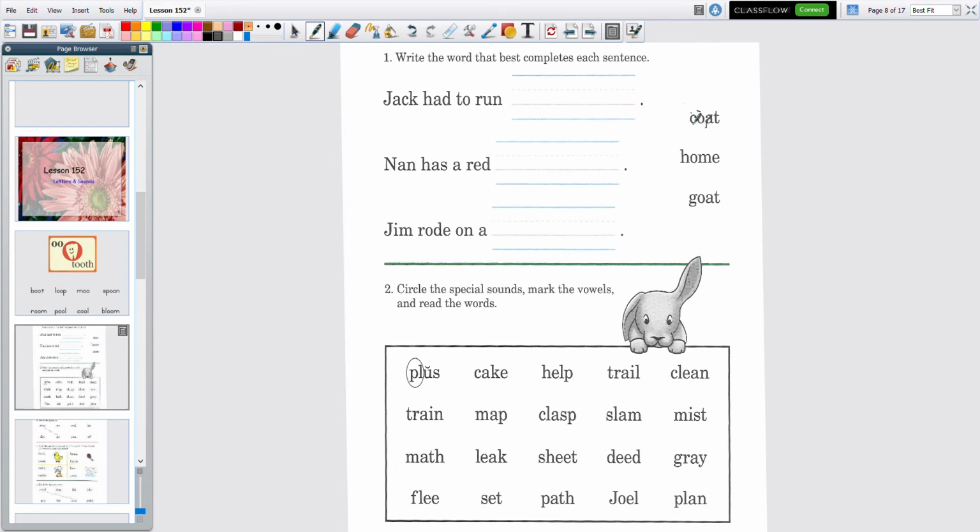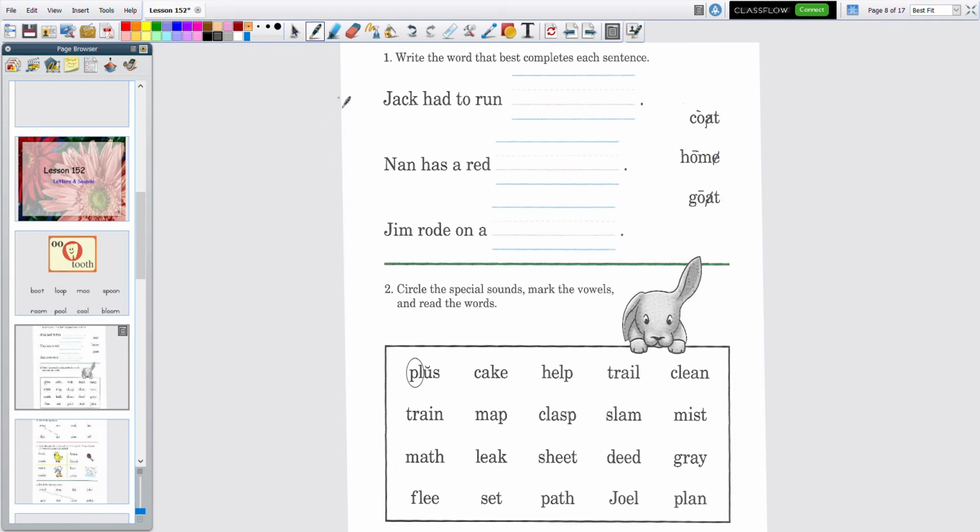Okay. Coat. Mark this one. Home. And then mark this one. Goat. Okay, so now we know it's coat, home, and goat.